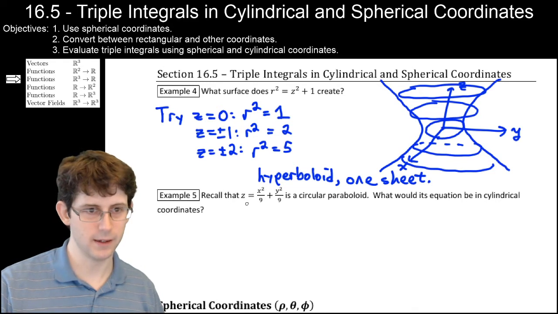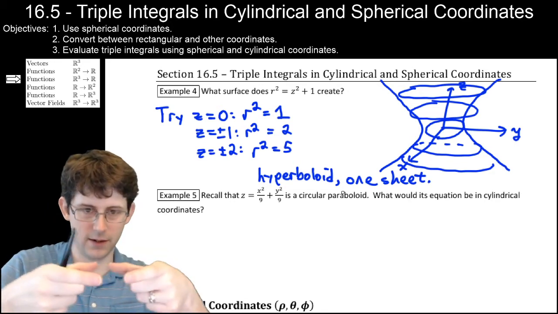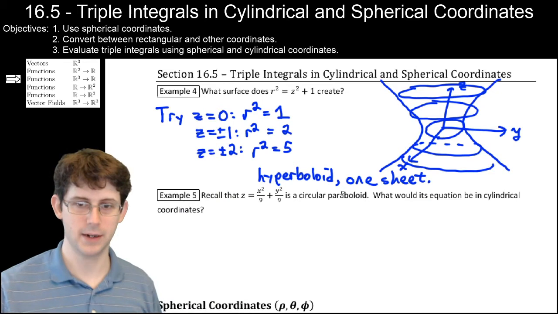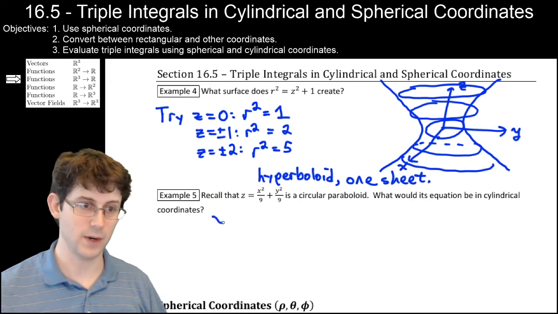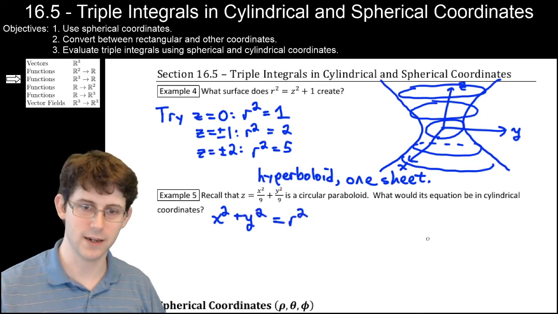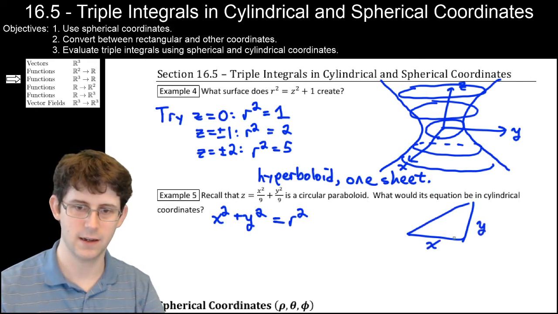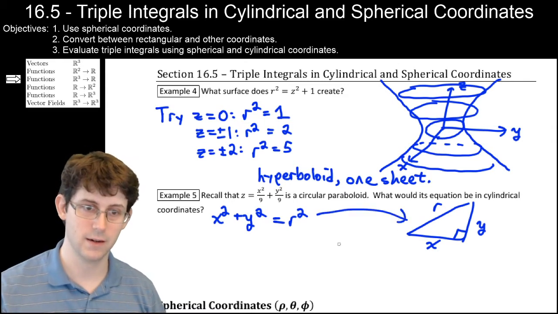Okay, this in rectangular coordinates gave us a circular paraboloid, meaning every horizontal cross section is a circle, but it makes a parabola shape as you go up. In cylindrical coordinates, the trick is that x squared plus y squared equals r squared. I remember this because my picture for how these coordinates work is just a right triangle. And x squared plus y squared is r squared.